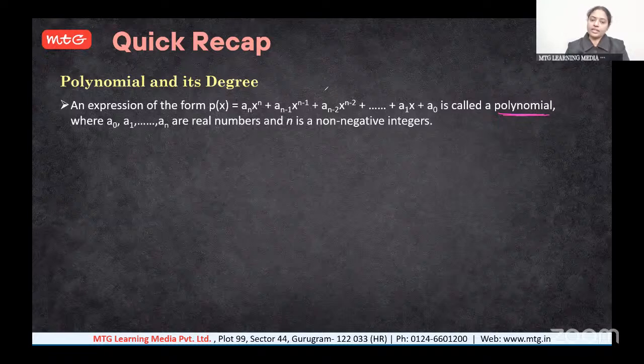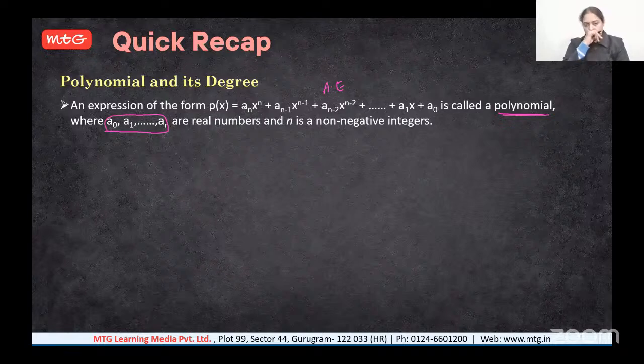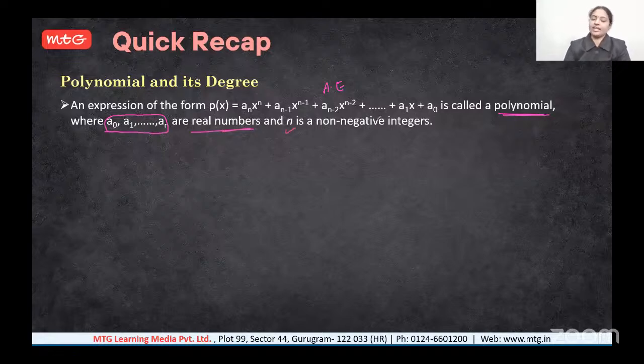All of you are familiar that this is an algebraic expression. But it becomes a polynomial when all the constants used with the variable terms here are real numbers, and the power of the variable is a non-negative integer.